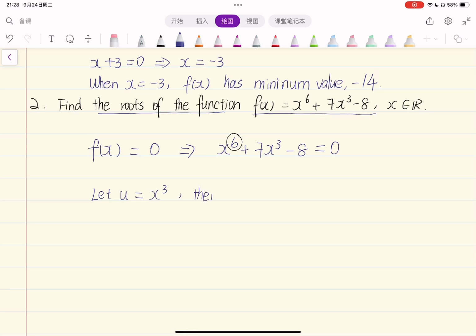Then f(x) equals (x cubed) squared plus 7x cubed minus 8, equals u squared plus 7u minus 8, equals f(u). It is a function of u.